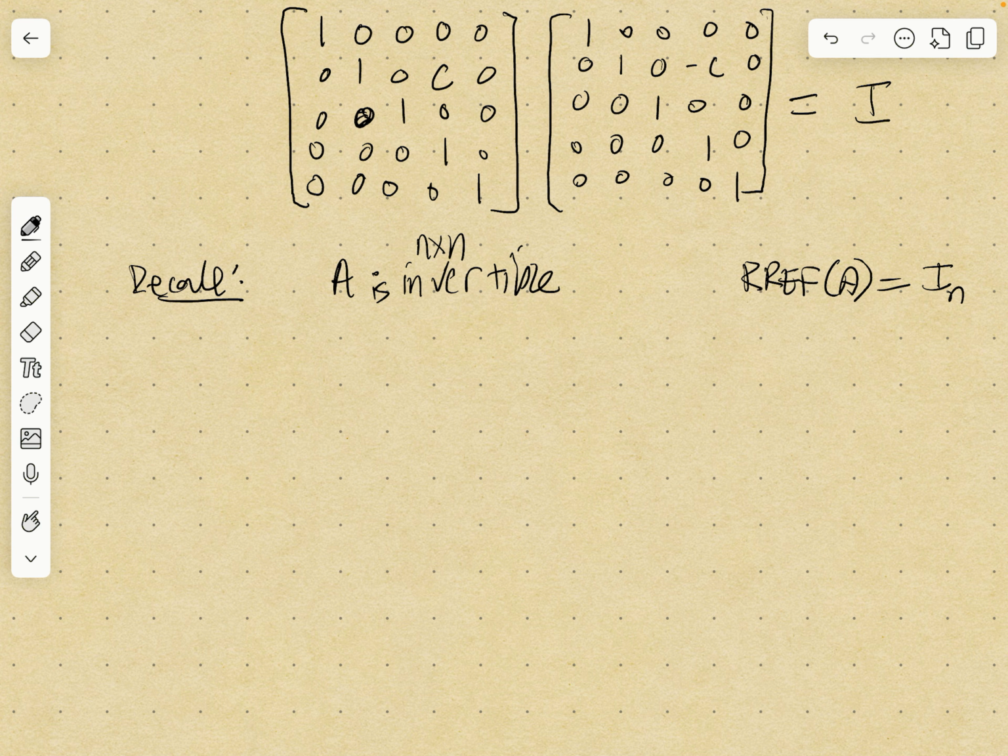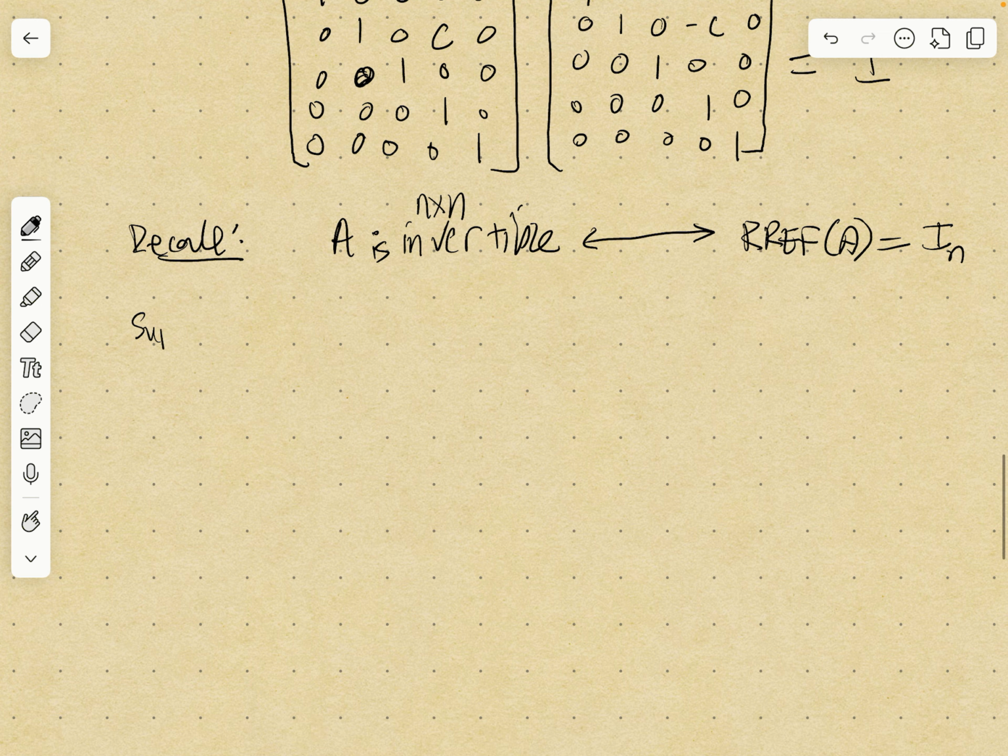The last row, what's it going to be? It's going to be a 0 row. So, in fact, the statement that A is an invertible matrix and the statement that the reduced row echelon form of A is the identity matrix are mathematically equivalent. We're talking about the same types of matrices.